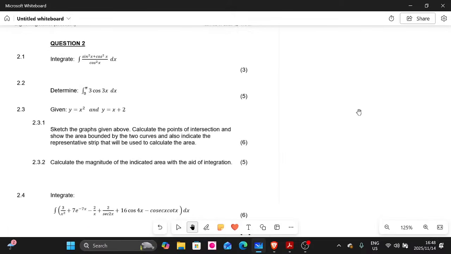So we have 2.1, 2.2, and 2.3. 2.3 consists of 2.3.1, 2.3.2.